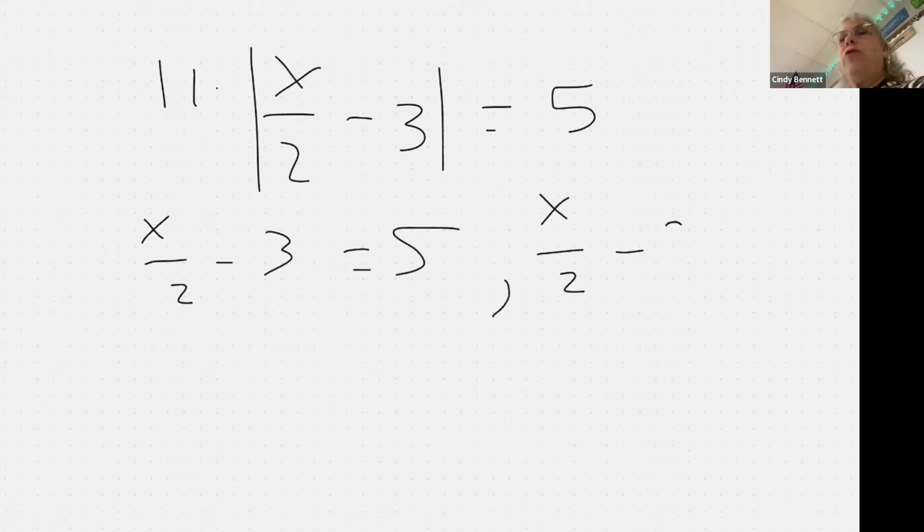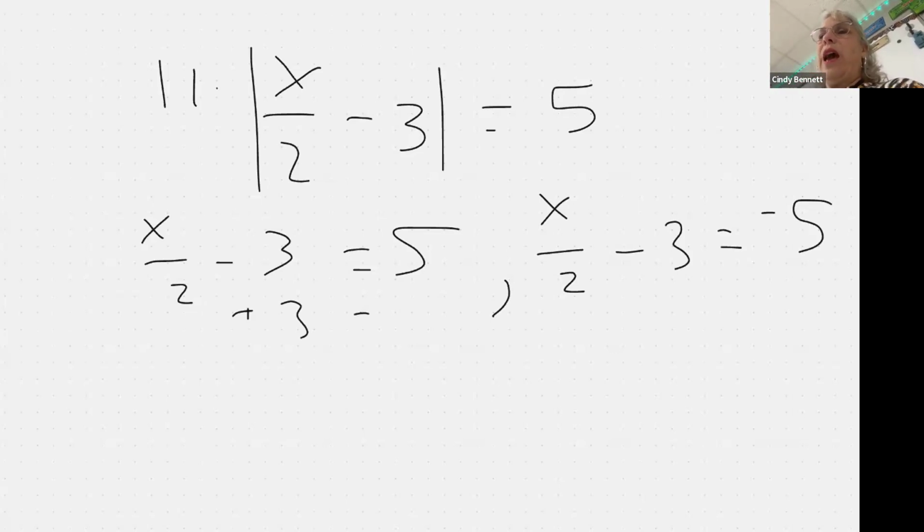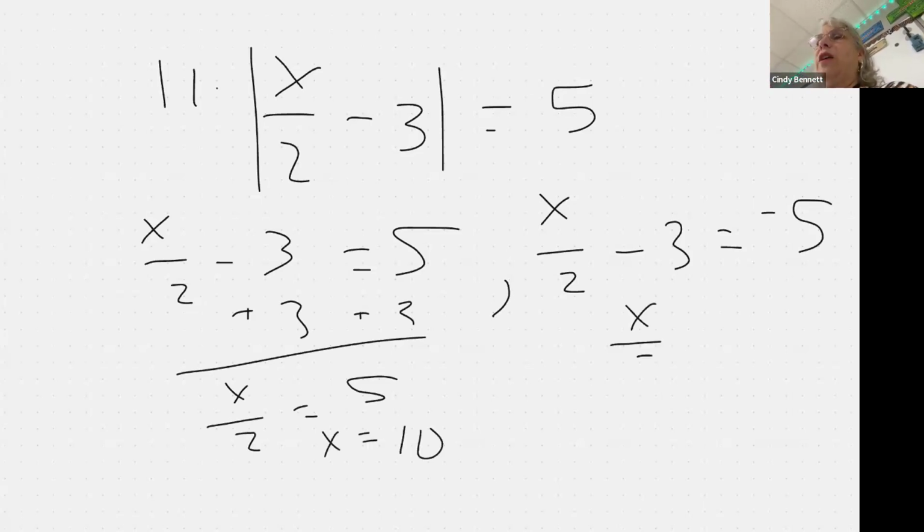Now, our absolute value sign is isolated, so you don't have to worry about that yet. So just do the work. X over 2 equals 5, so x equals 10. X over 2 equals, now you're adding 3 to both sides, but it's a negative 5, so it's negative 2.